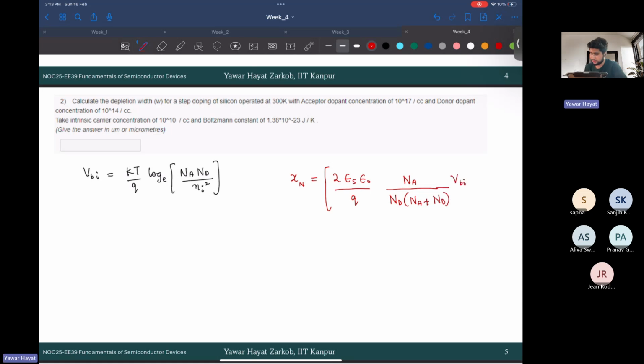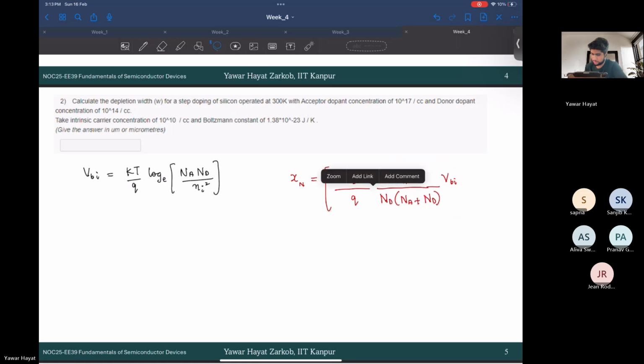And VBI, and there's a square root. Now, this is xn, right? What about xp?